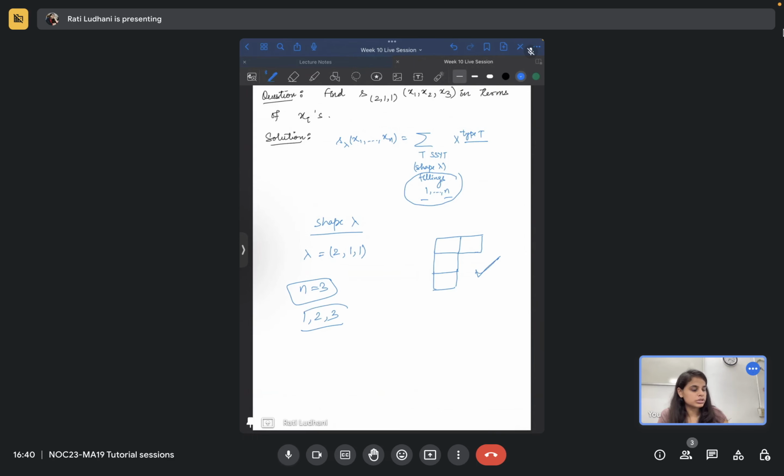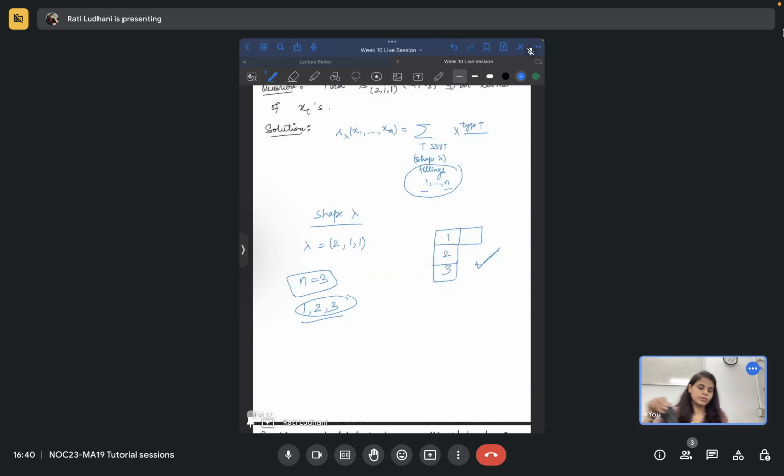You have 1 2 3, the three numbers. The first column has to be 1 2 3 because it should be increasing, right? Is that clear? Yes, ma'am. Okay, so now what can you have in this fourth block? 1 2 3, anything we can give.